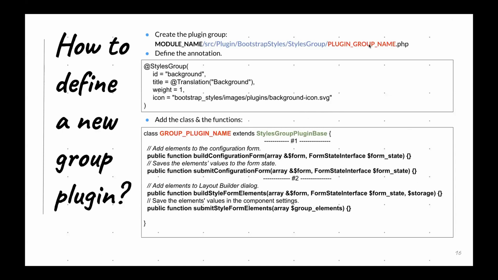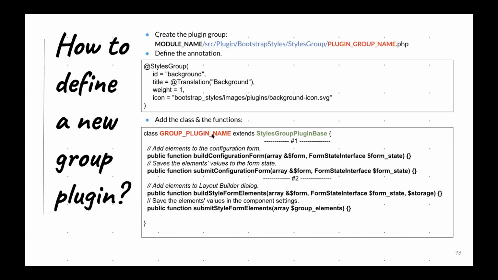Then in the annotation, you add a unique ID, background based on translation, so you can translate it from the interface, and the weight controls the order of this plugin group in the panel.